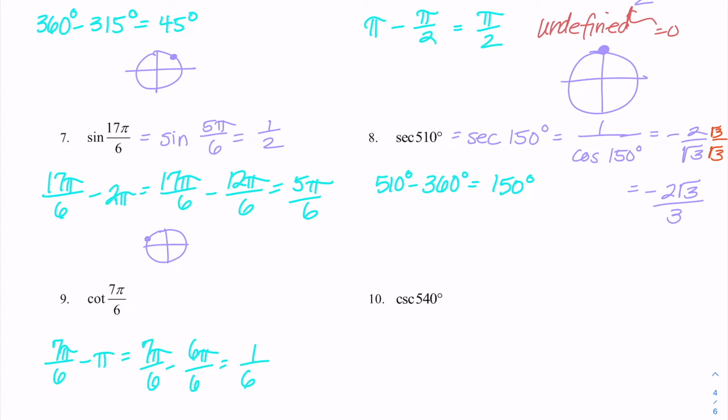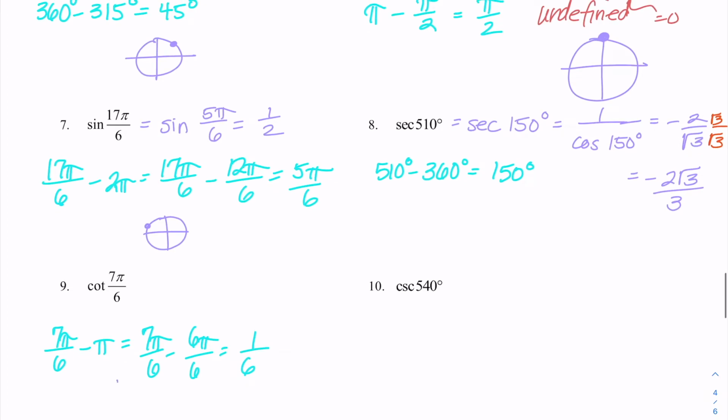And we can go ahead and draw a quick sketch here. And of course, pi over 6 is right here. And we know that the cotangent would be the cosine divided by the sine.